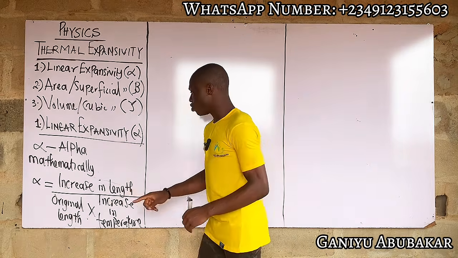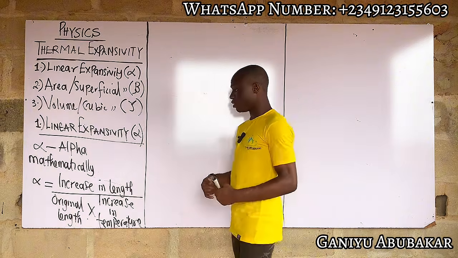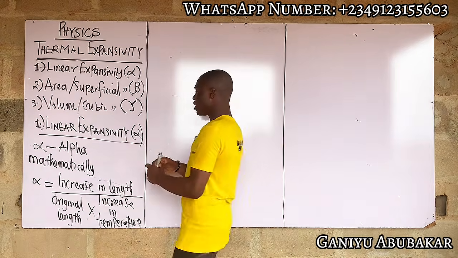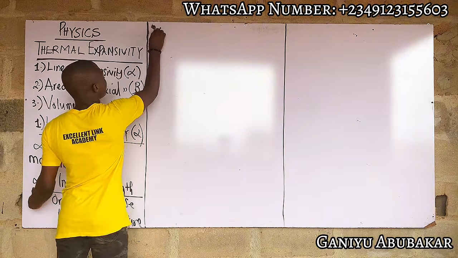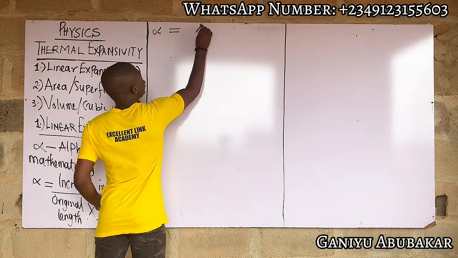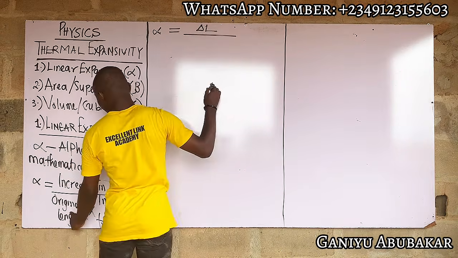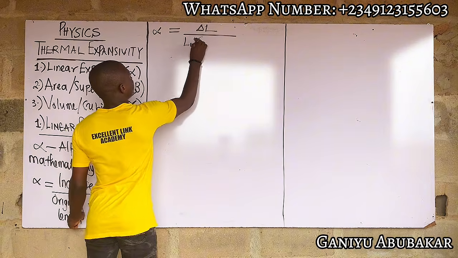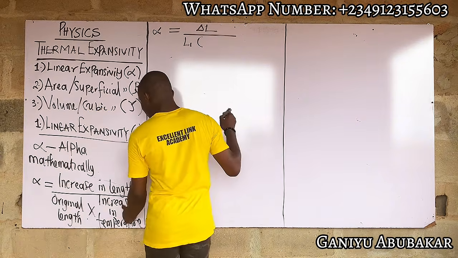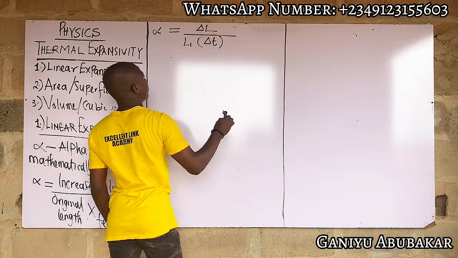So linear expansivity alpha is equal to the increase in length, which is simply change in length, all over original length, L1, times increase in temperature, that becomes change in T, right?